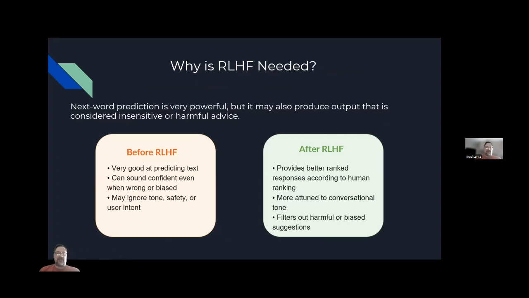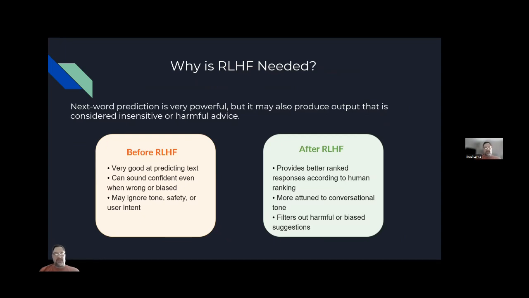So why do we need this human feedback? Large language models, as you might know, operate off of word prediction. The massive number of parameters and training are for predicting the next word that it's going to display.